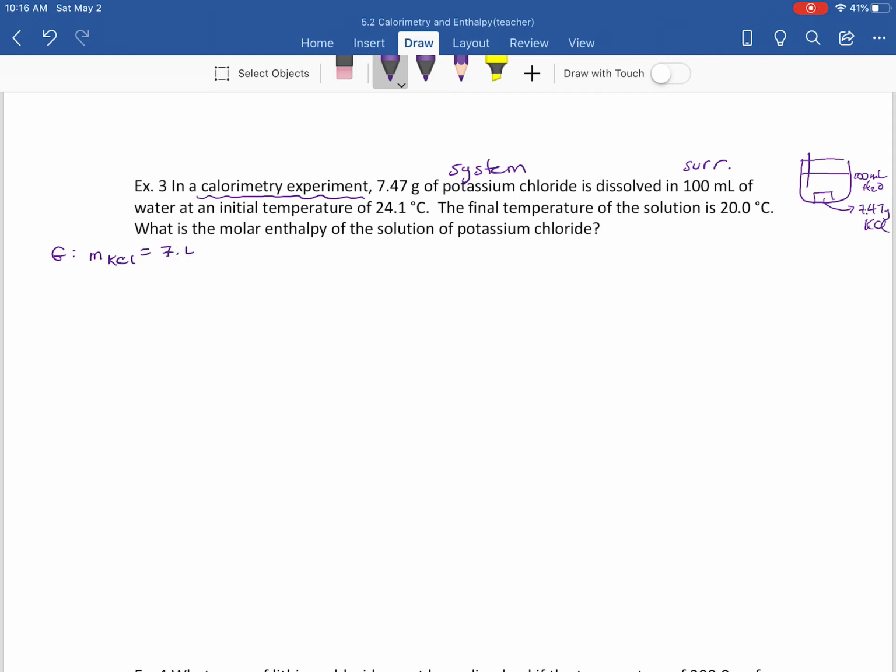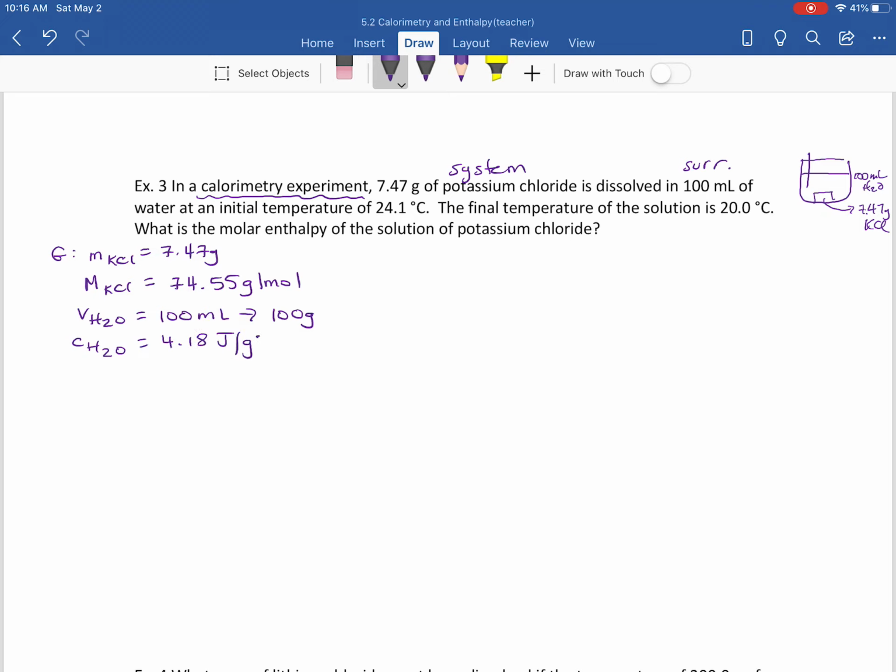What do we know? We're given that the mass of potassium chloride is 7.47 grams. The molar mass of potassium chloride is 74.55 grams per mole. The volume of water is 100 mL, which translates to 100 grams because the density of water is 1 gram per mL.